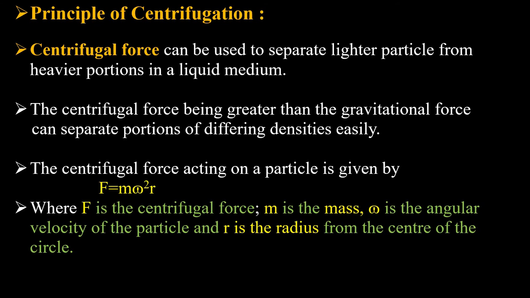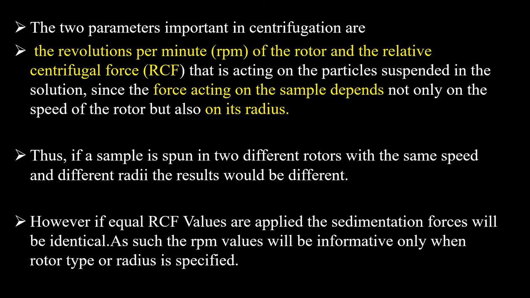The centrifugal force acting on the particle is given by the equation F equals m omega square r. In this equation, F is the centrifugal force, m is the mass, omega is the angular velocity of the particle, and r is the radius from the center of the circle.